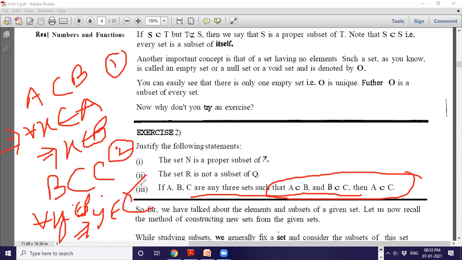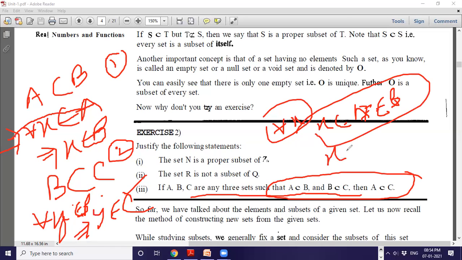Now इन दोनों से हम क्या कर सकते हैं? What we can refer from this. For all X belongs to A implies X belongs to B. For all Y belongs to B, that implies Y belongs to C. But for all X, or X belongs to A, तो इसका मतलब X belongs to B also, right? Clear or not? If X belongs to A, then X belongs to B also.